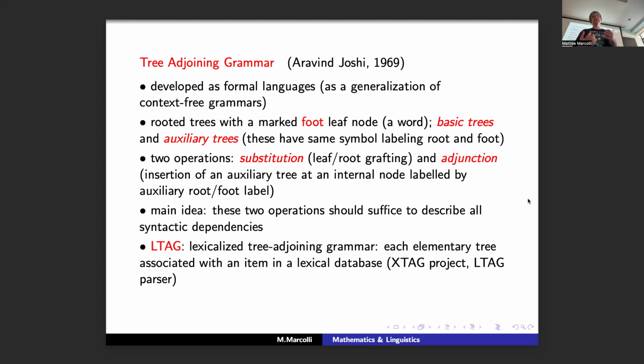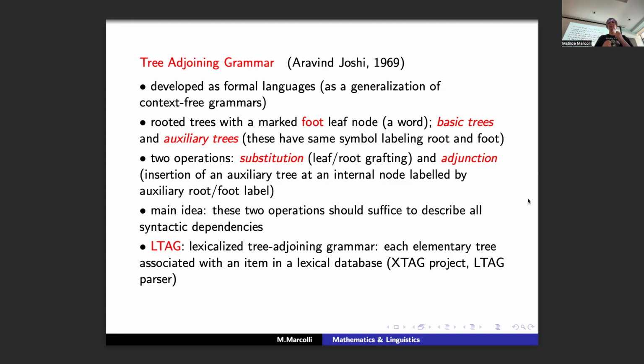The way you build this formal language is that you have a set of basic trees, and these have some markings. Normally in these tree adjoining grammars you have markings at the root of the trees, at the internal nodes and in the leaves, and in particular you have certain auxiliary trees that have the same symbol labeling the root and one of the leaves.